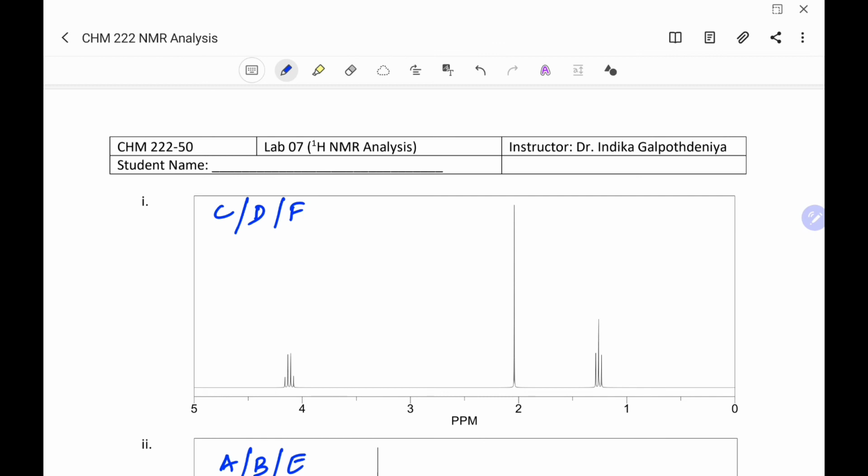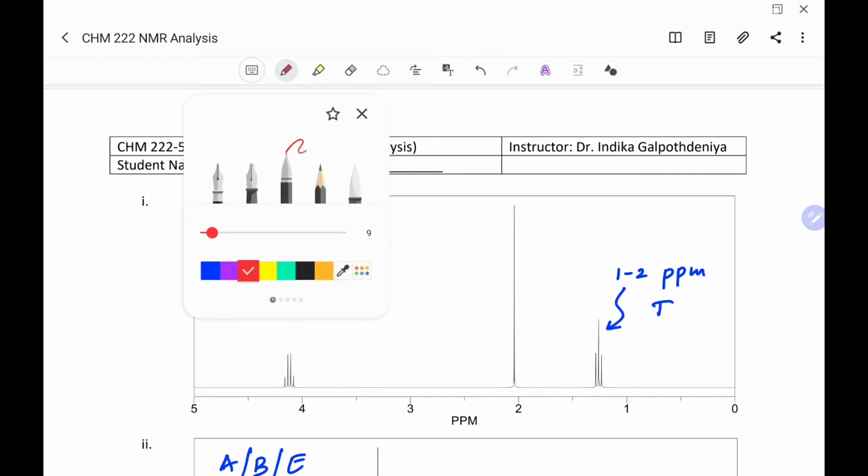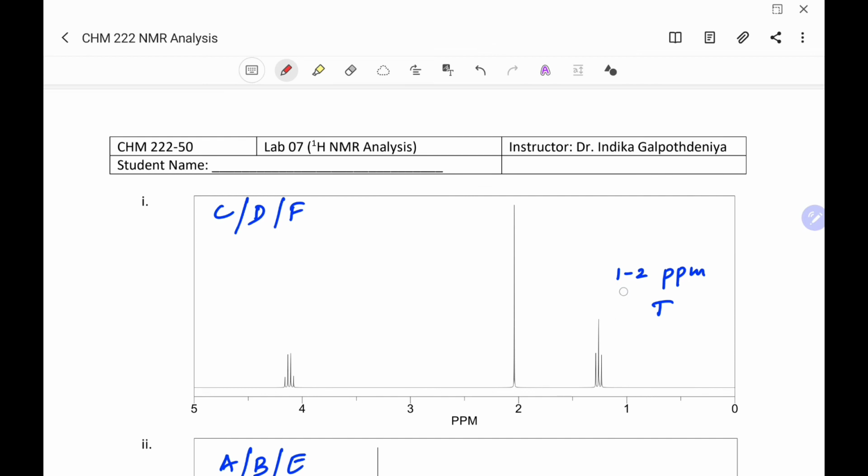In structure A, you have a triplet around 1 to 2 ppm. That is your first peak.